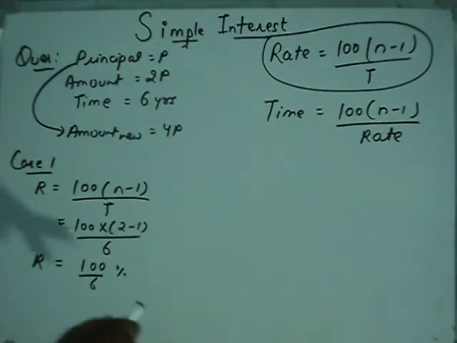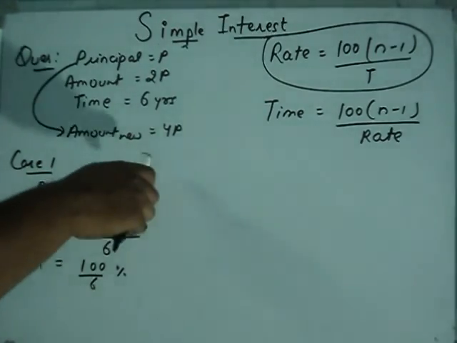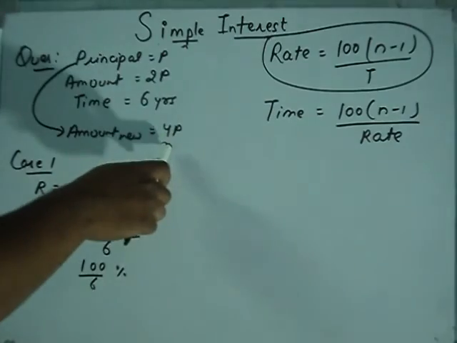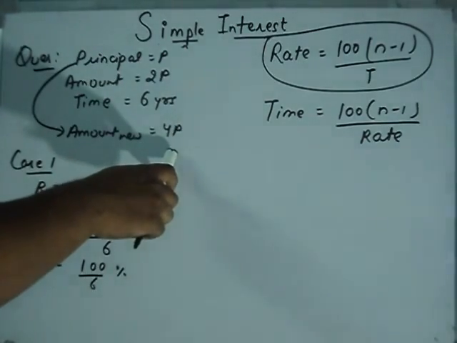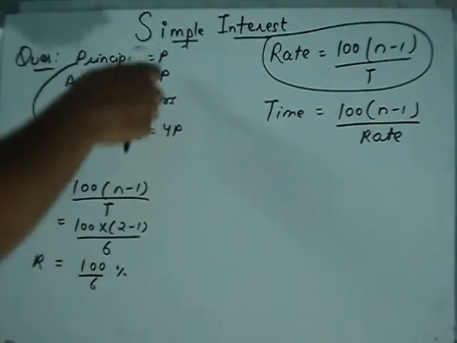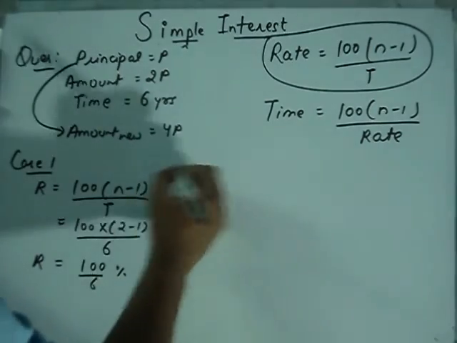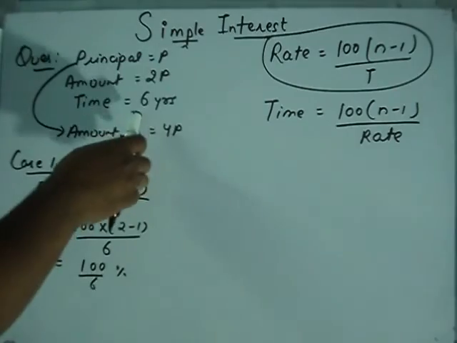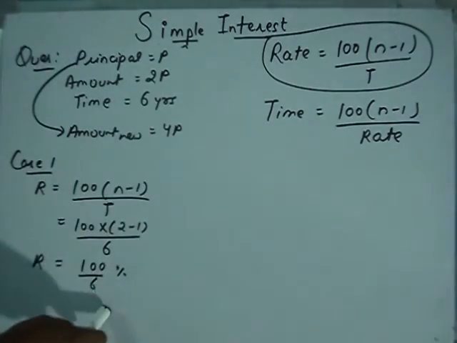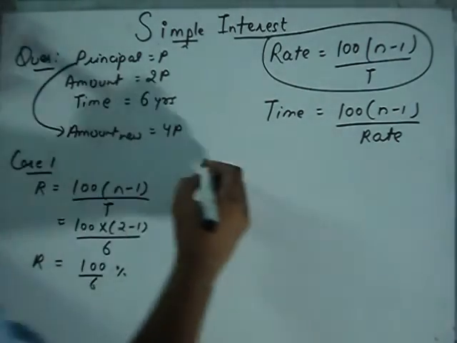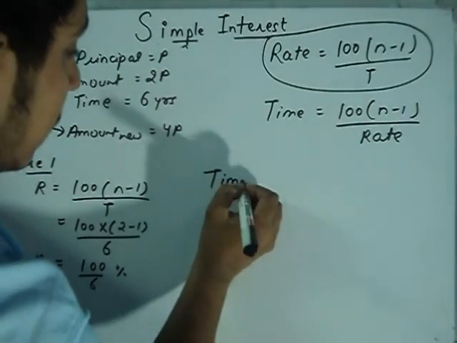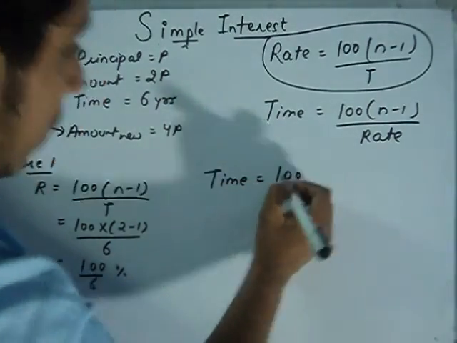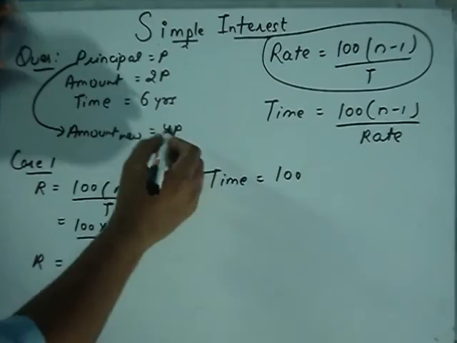And he is saying that we have to calculate the time period in which the amount is getting 4 times the principal. That means we have three known values: principal P, amount 4P, and rate of interest, and we have to calculate the time. So we use time is equal to 100 into (n minus 1) divided by rate, where n is 4.